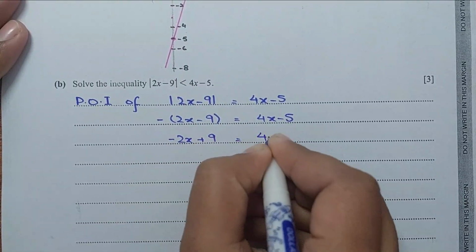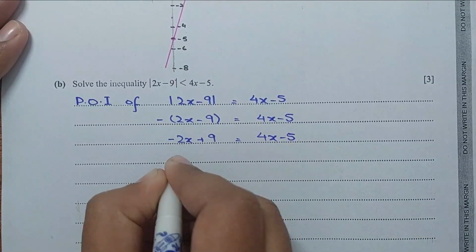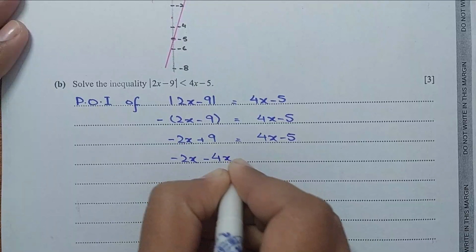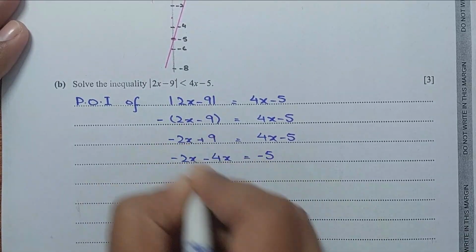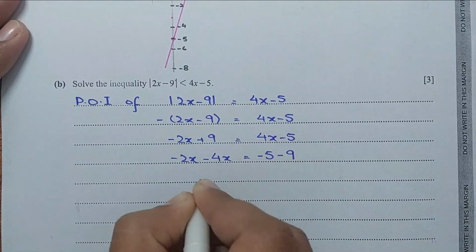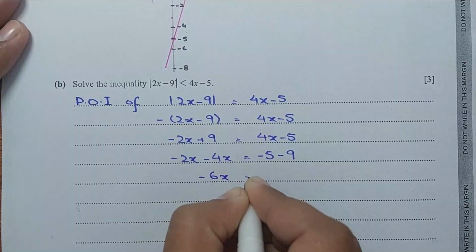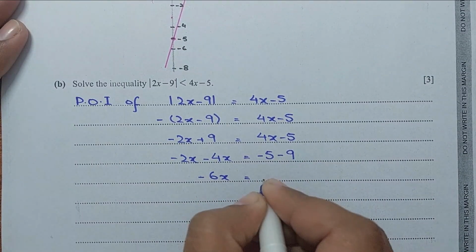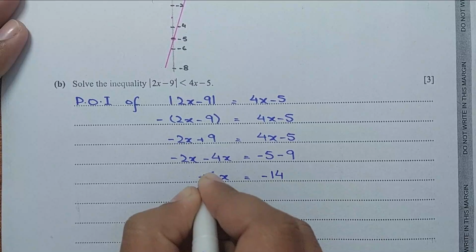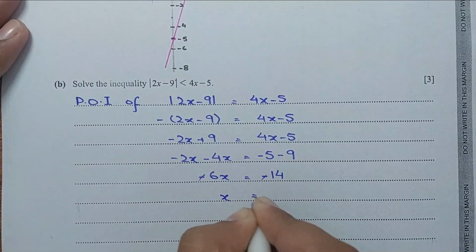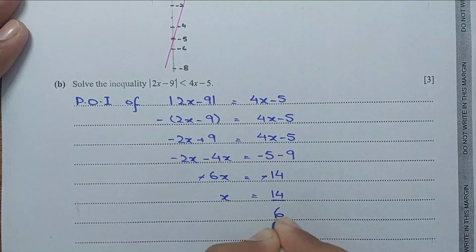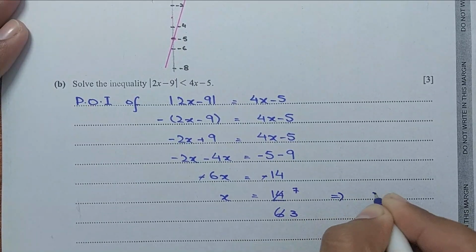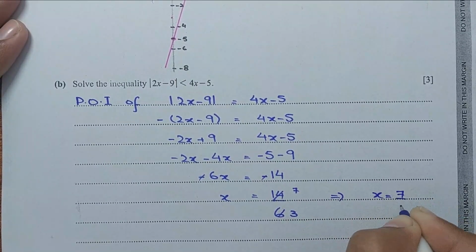This would equal 4x minus 5. Subtract 2x, and shift the 4x to the other side, minus 4x. This would equal minus 5, and shift the 9 to the other side, it becomes minus 9. This is minus 6x, and when you add 5 to the 9, this makes negative 14. So negative is cancelled with negative. x would equal 14 divided by 6. 2 times 7 is 14, 2 times 3 is 6, and x is 7 by 3.